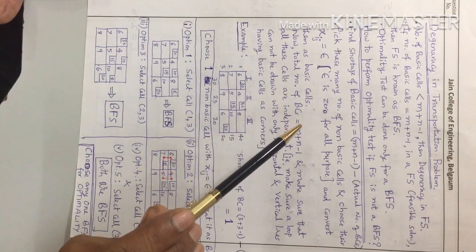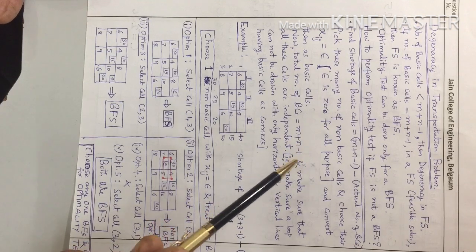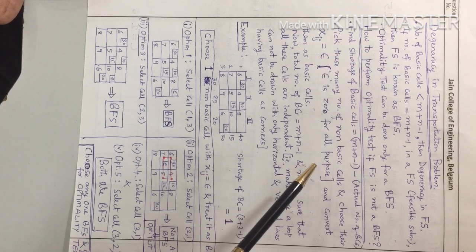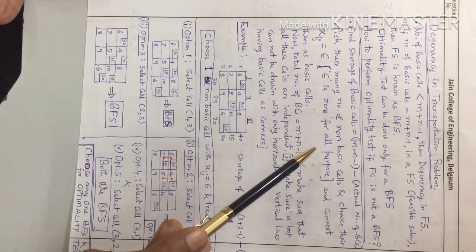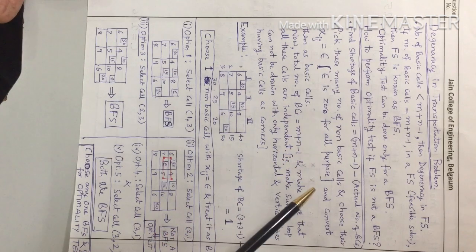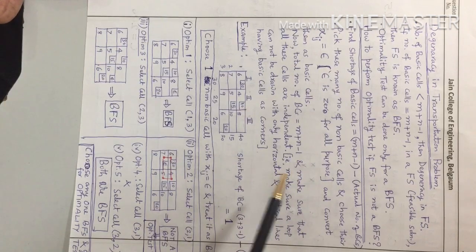Epsilon is a very small quantity, and for all practical purposes we treat it as 0. Anything plus epsilon or minus epsilon is the same. Say, for example, 10 plus epsilon is 10, 10 minus epsilon is 10. Convert these non-basic cells into basic cells and treat them as such from now onwards.